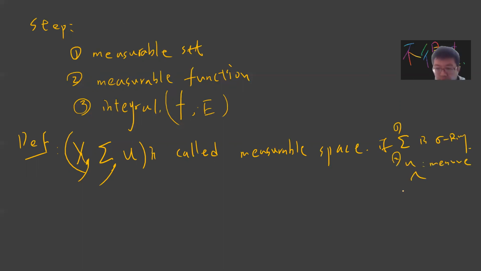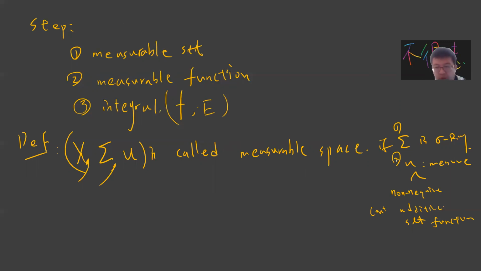The condition for a measure is that it is a non-negative, countably additive set function. Remember the Lebesgue measure contains another property called regular.